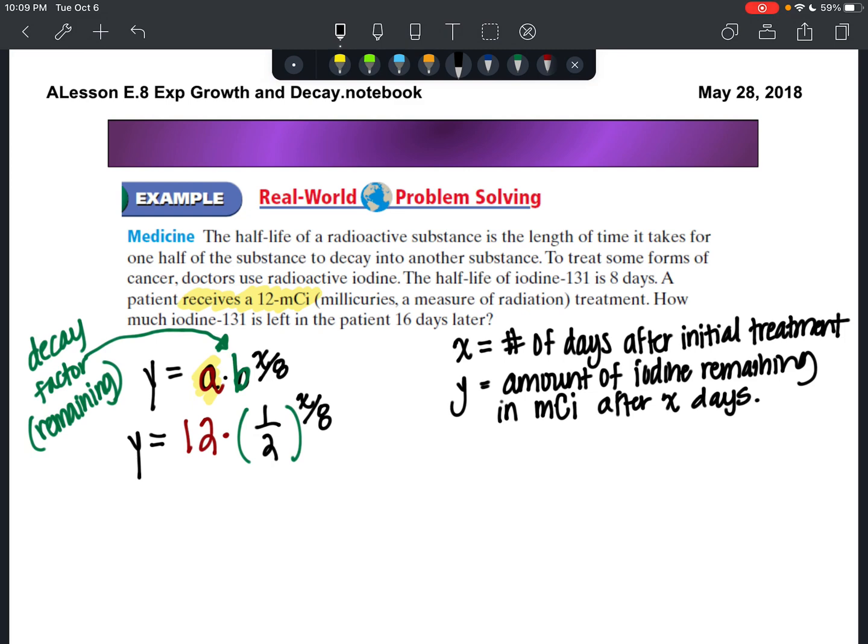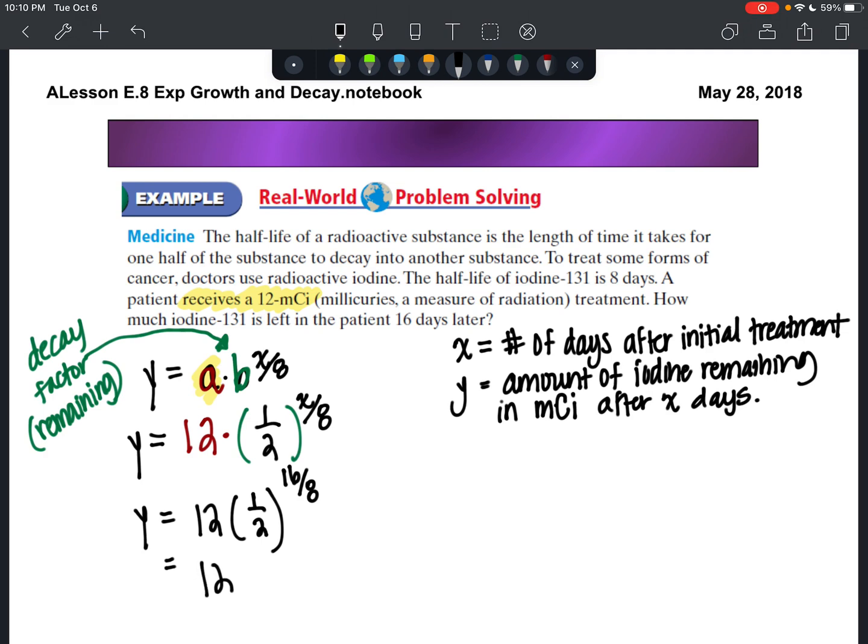If I go the full 8 days, then I know that I'm only going to have 6 millicuries left in my body. If I go 16 days, that's 2 half-lives. It was cut in half twice, right? So y is going to equal 12 times 1/2 raised to the 16 over 8 power.